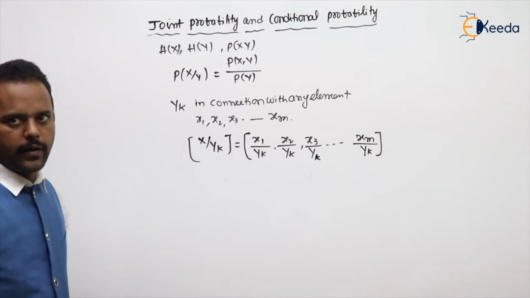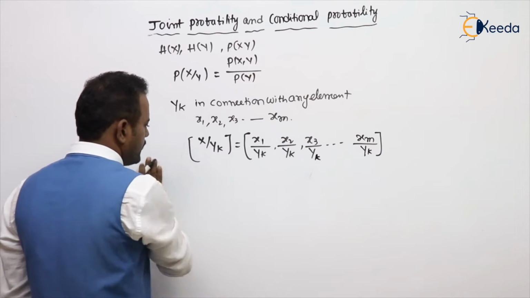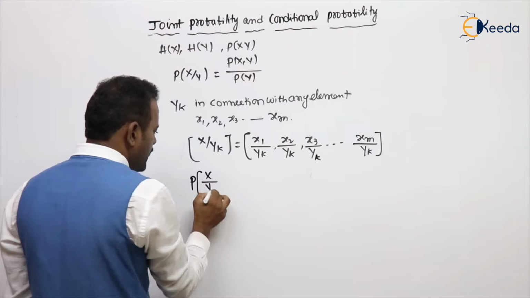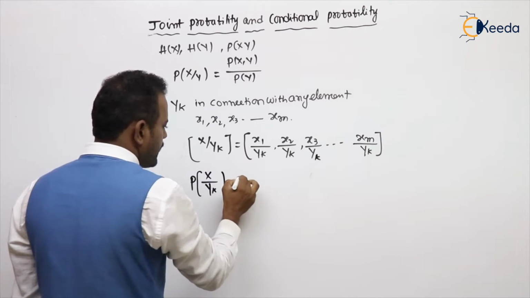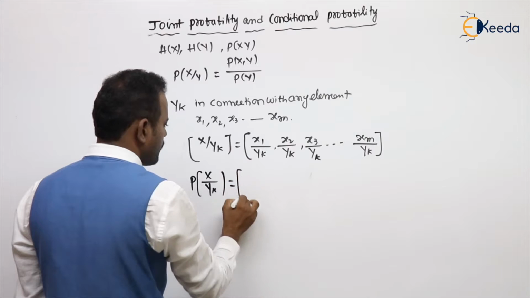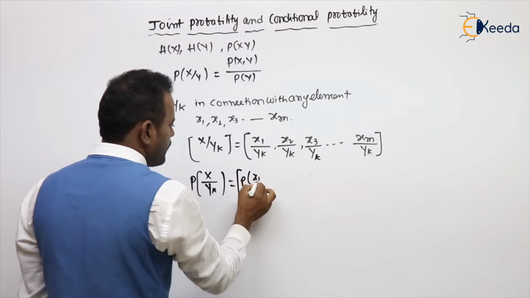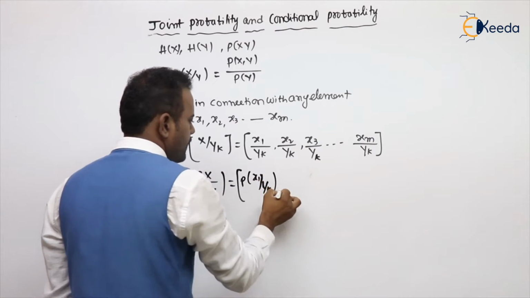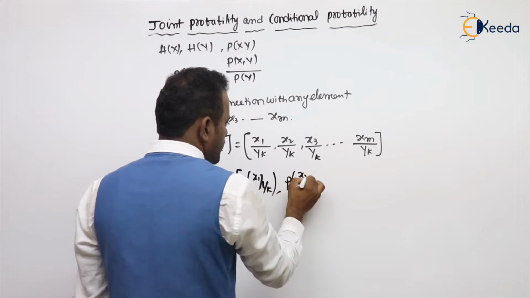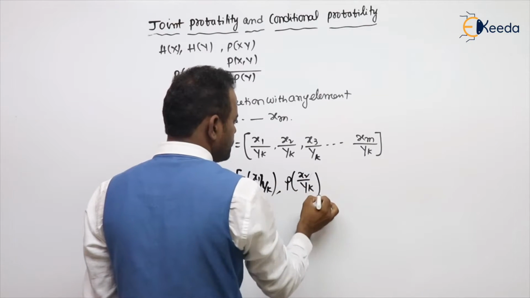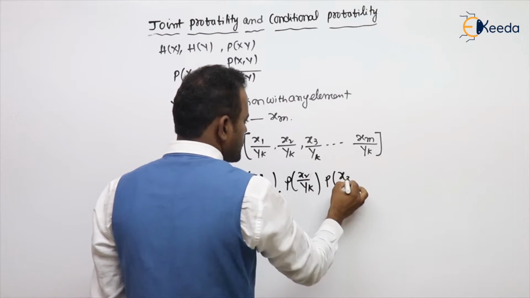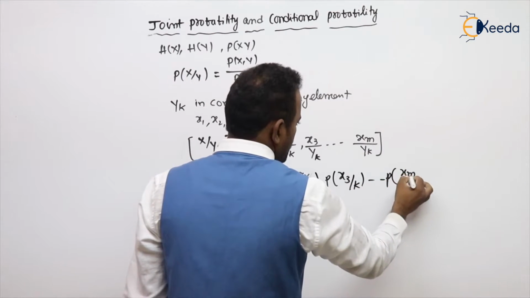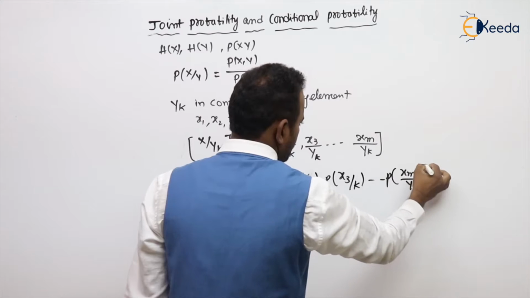Are you getting my point or not? Now follow. Then what is the probability x by yk? The probability matrix is nothing but probability of x1 by yk, probability of x2 by yk, probability of x3 by yk, and so on, last one xm by yk.